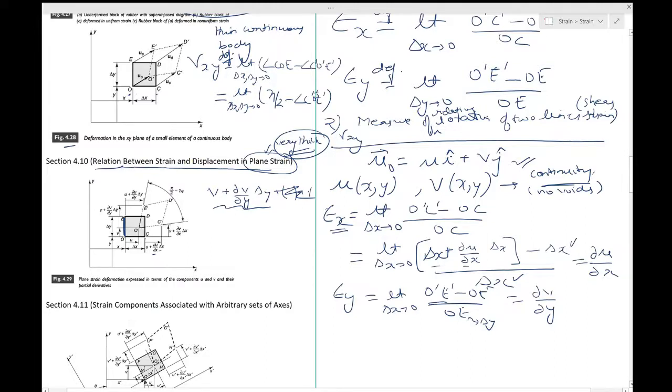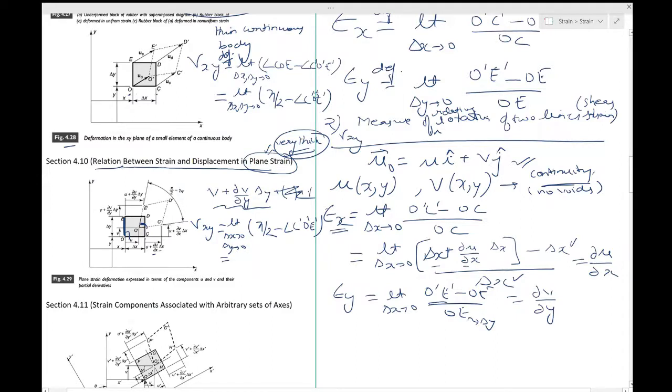And the final part about this shear strain, remember, is the change, limit of delta x tending to 0, limit of delta y tending to 0, in the angle pi, this angle, originally pi by 2, and finally this angle. Okay, so angle minus angle C dash O dash E dash.